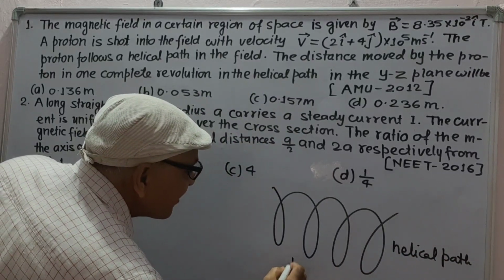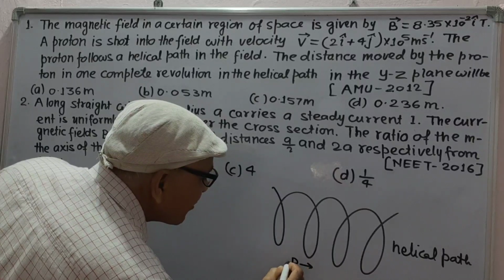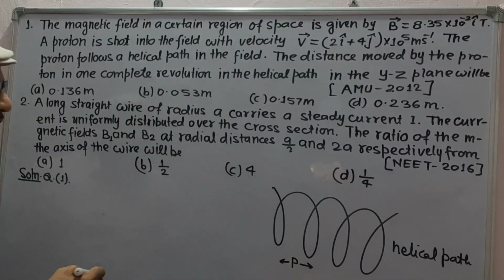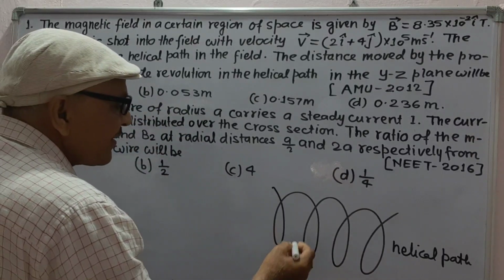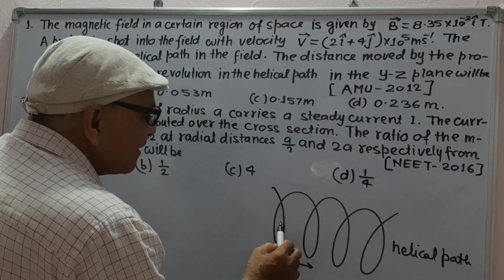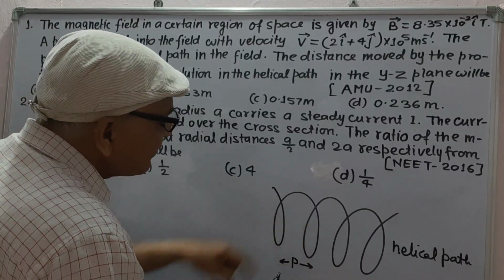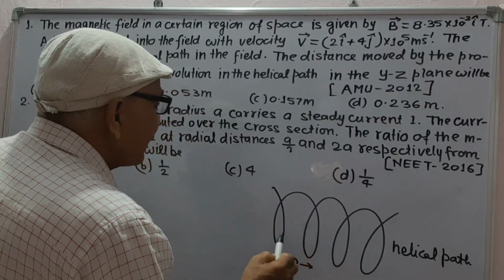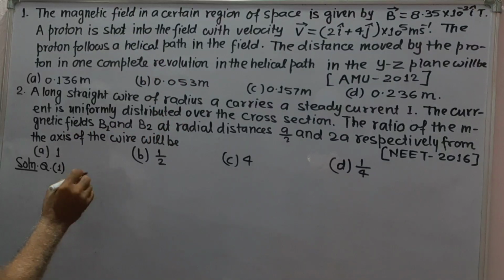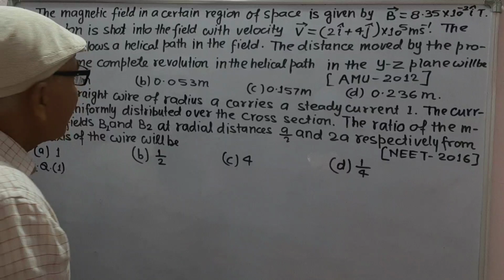Distance traveled in one complete revolution is known as pitch, which is equal to the time period into horizontal velocity.